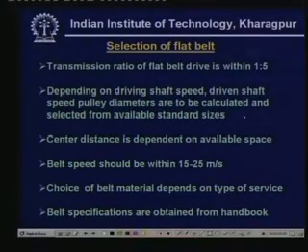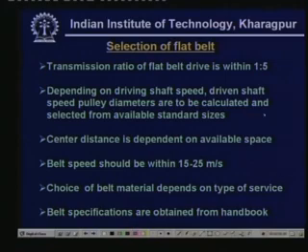Well, coming to the second point in the slide, depending on driving shaft speed and driven shaft speed, pulley diameters are to be calculated and selected from available standard sizes. This means that for all the pulley drives you are going to design, you need a specific idea of what the prime mover is.